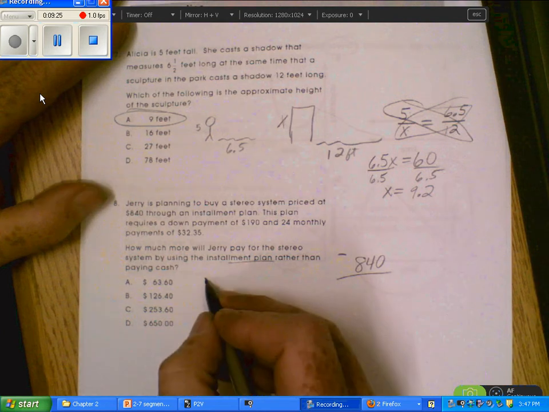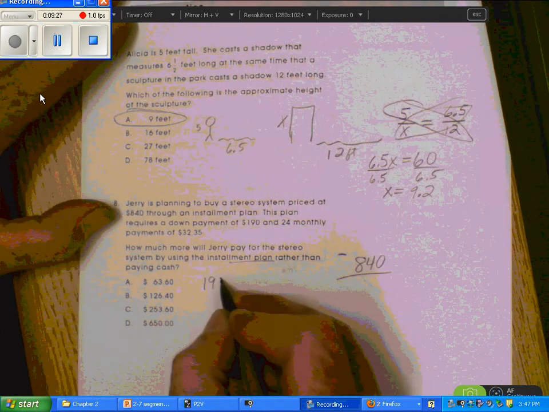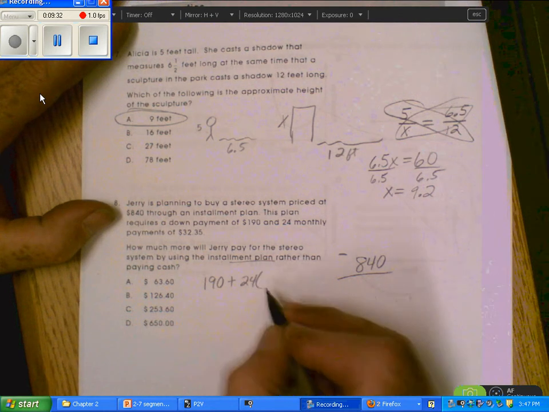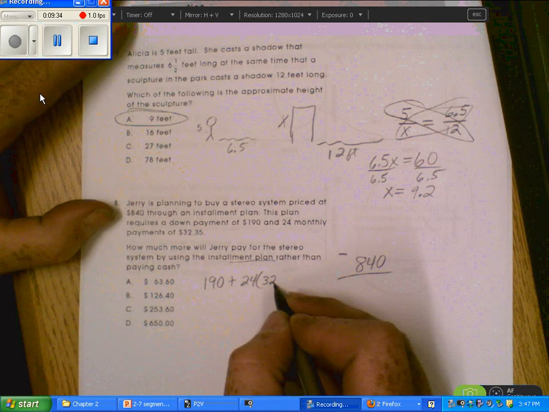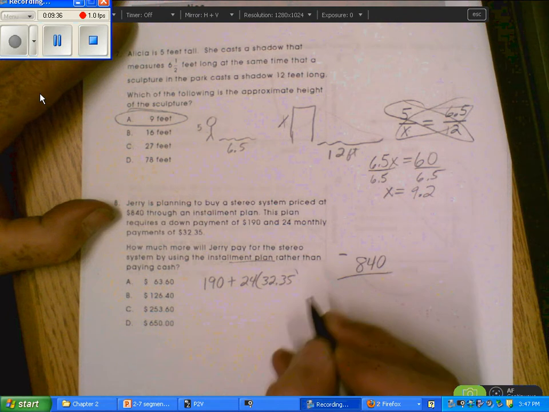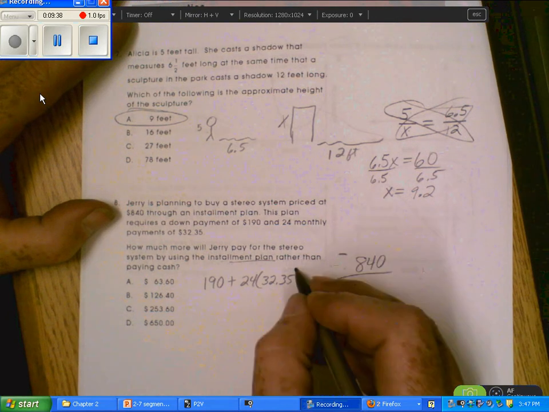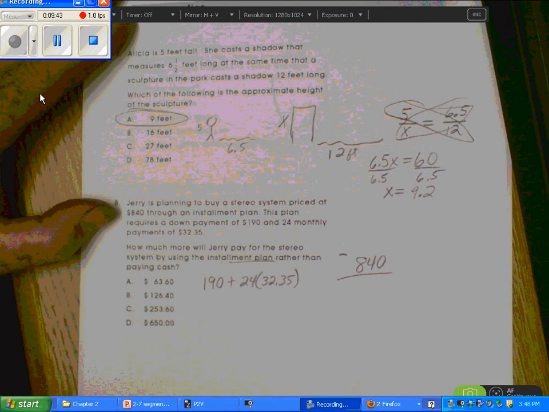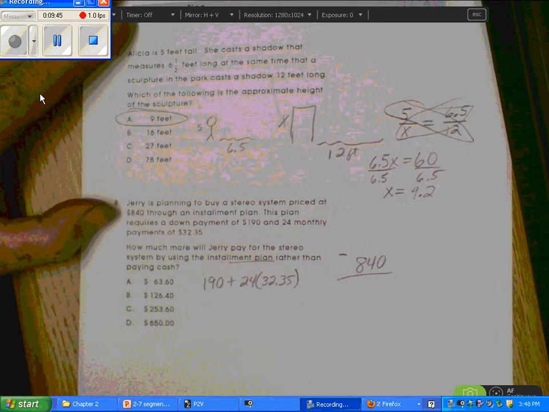To figure out the installment plan, we know he pays $190 up front, and then he takes 24 times the $32.35 each monthly payment.